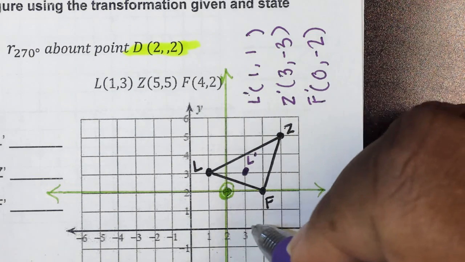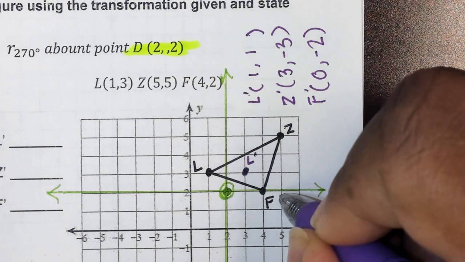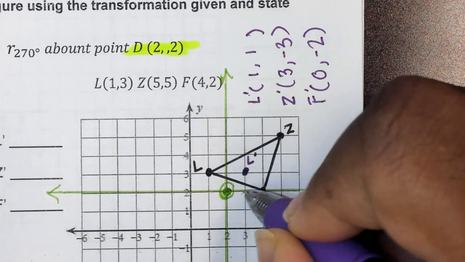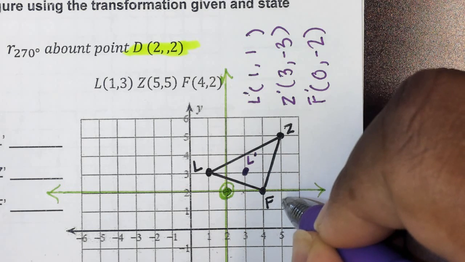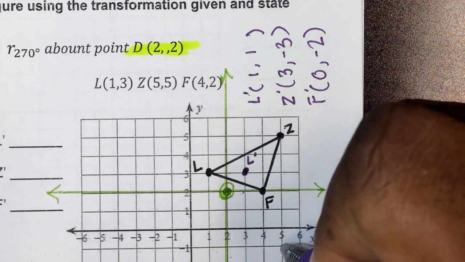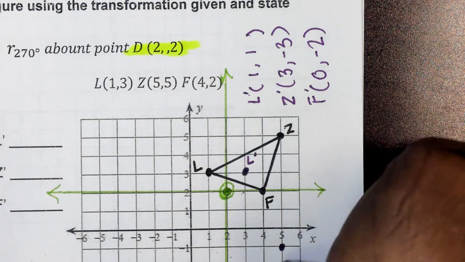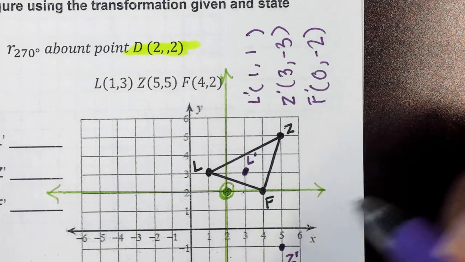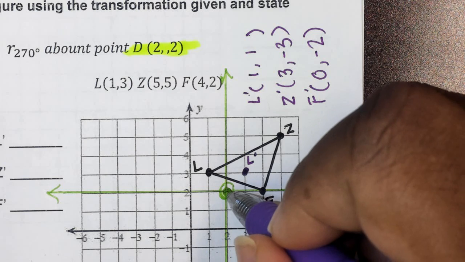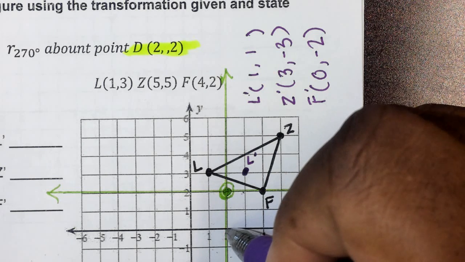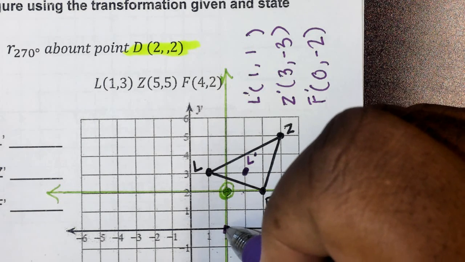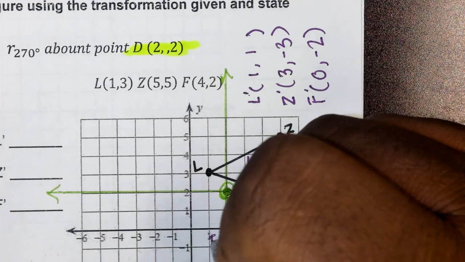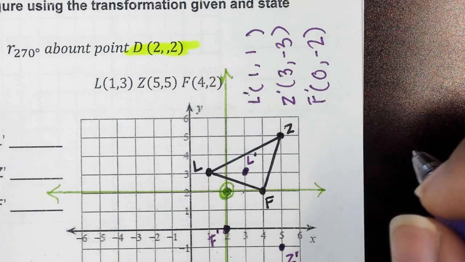Then after that, he said Z prime is going to be over 3, down 3. So 1, 2, 3, over to the right, down 1, 2, 3. Z prime. And then F prime, he told me is going to be at 0, -2. Here. Connect.